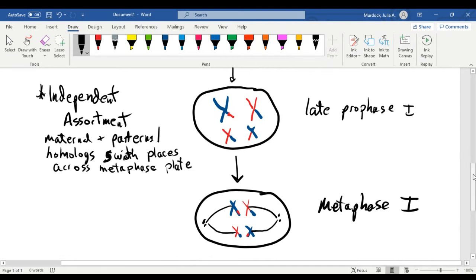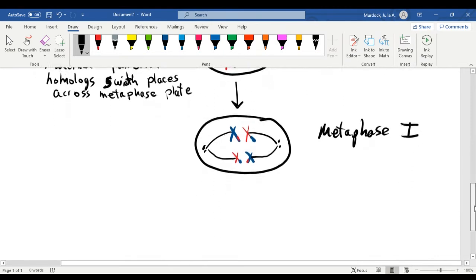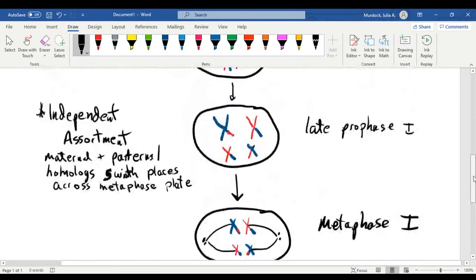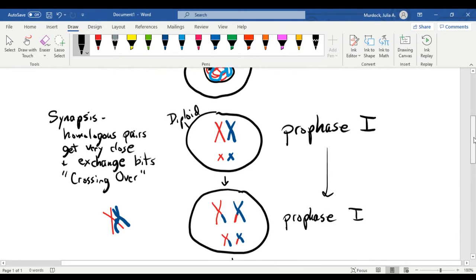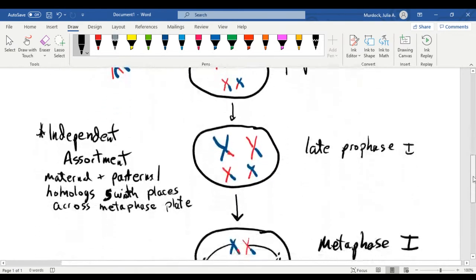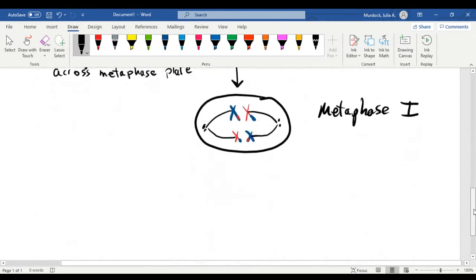But in meiosis, the homologs are next to each other, and they're going to be pulled apart. Now remember, back up here, we started with a diploid cell, right? This cell is diploid, right? Question is, I'm going to ask you this at the end when I'm all finished. When did it become haploid?